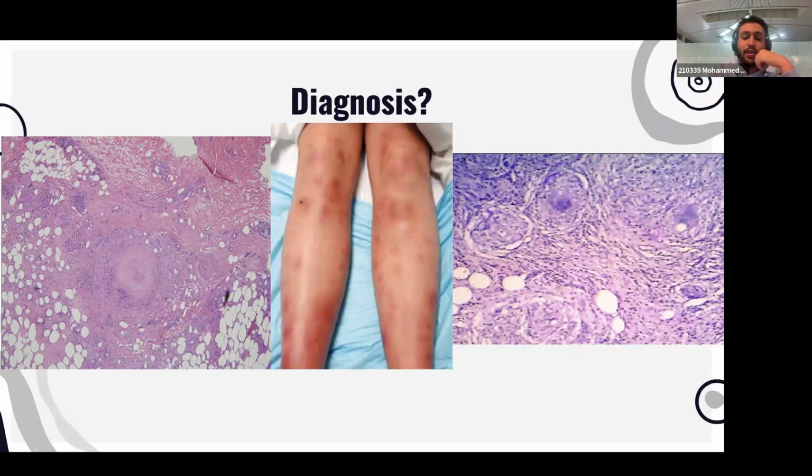And it's associated with vasculitis, yes or no? Yes. Another thing, is it associated with ulcers? Yes. Okay. Is this a granulomatous disease?